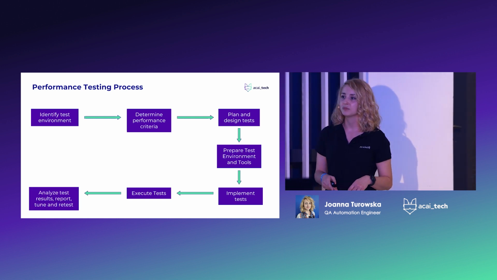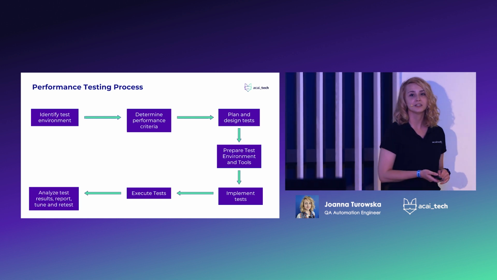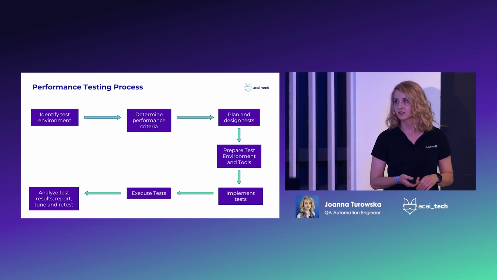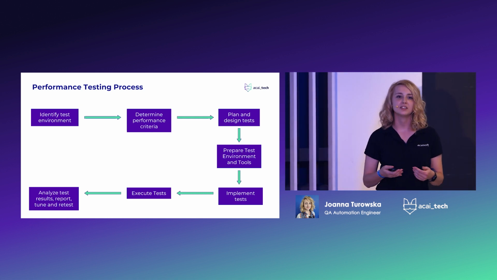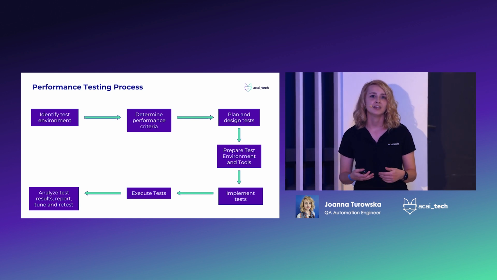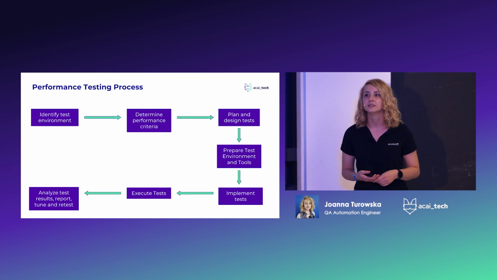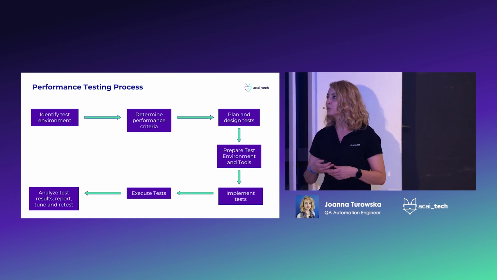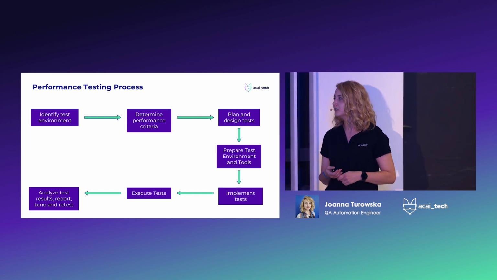And the last step, and probably the most important one, is the analysis of the results. At this point, we can see if our previously defined criteria were met, if there are any improvements to be done to make our application better.